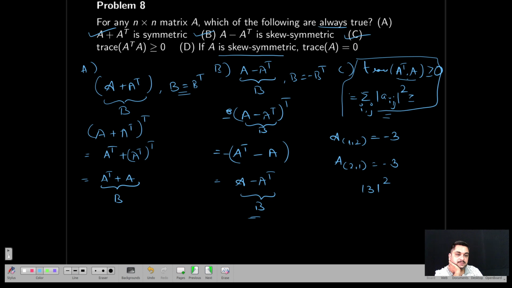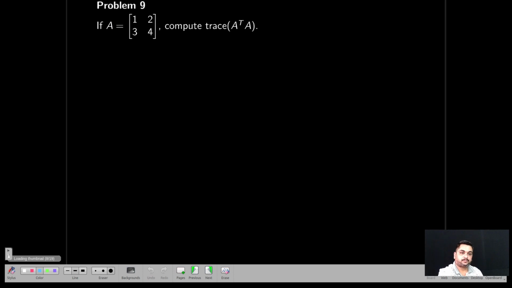If A is skew symmetric, then trace of A is equal to 0 by the definition of skew symmetric matrix. Next, if A equal to 1, 2, 3, 4, compute trace of A transpose A. This will be given as the summation of a_ij squared for all values in that matrix.